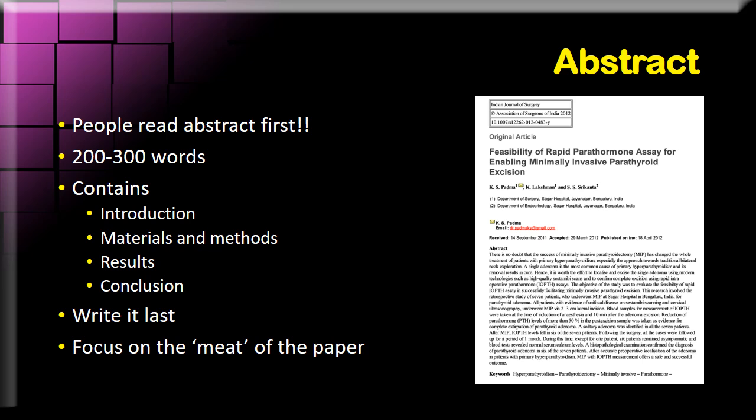The abstract comes at the top of the article, but it is usually written at the end of all the other sections. It should be about 200 to 300 words long. It contains everything that the article contains other than the discussion. And please understand that many times the decision to take the review process further depends on what the editor thinks after reading the abstract.